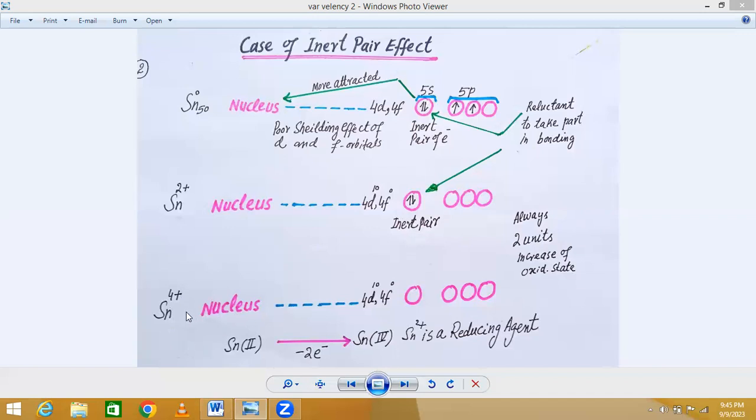The tin 4 plus is attained by the loss of the 2 electrons from the inert pair. And we always see that a 2-unit increase occurs in the oxidation state, because the inert pair has only 2 electrons. So when they are lost, the higher oxidation state, tin 4 plus, is attained.